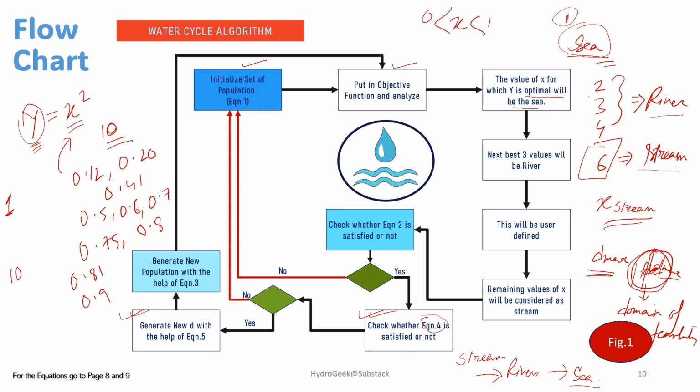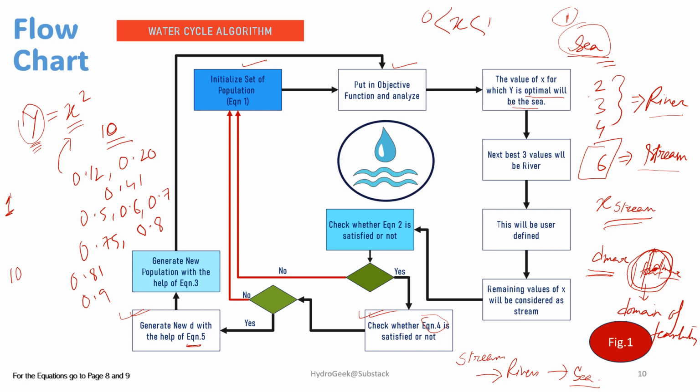So once this new D is generated, it follows equation 5 to give you the value of new T. After that, you generate the new population with the help of equation 3. In equation 3, I have given how you can create the new population. Then the new population is fed into the objective function and the entire process is repeated.